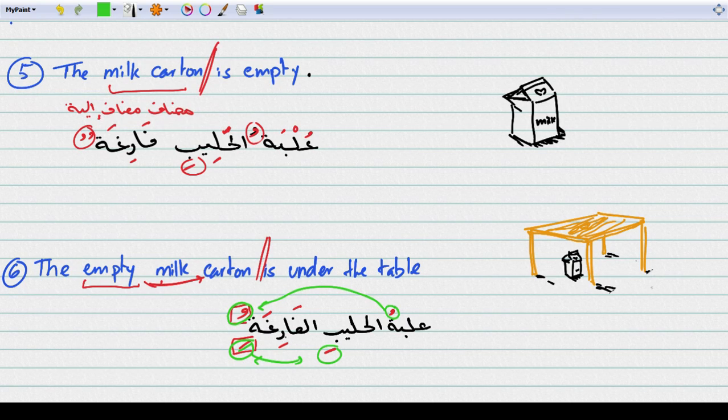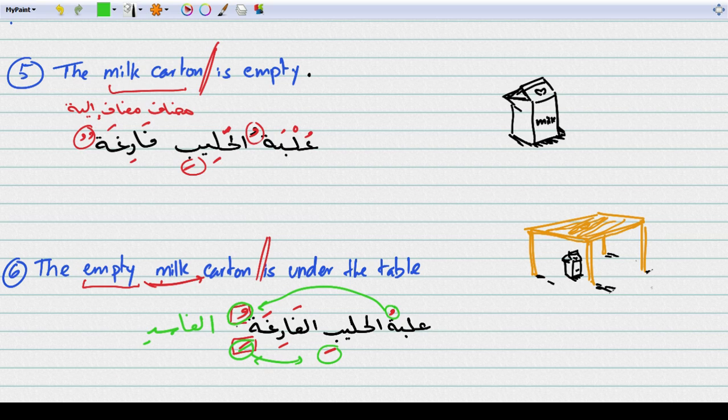But that doesn't make sense because you cannot have empty milk. But you can say, for example, علبة الحليب الفاسد.